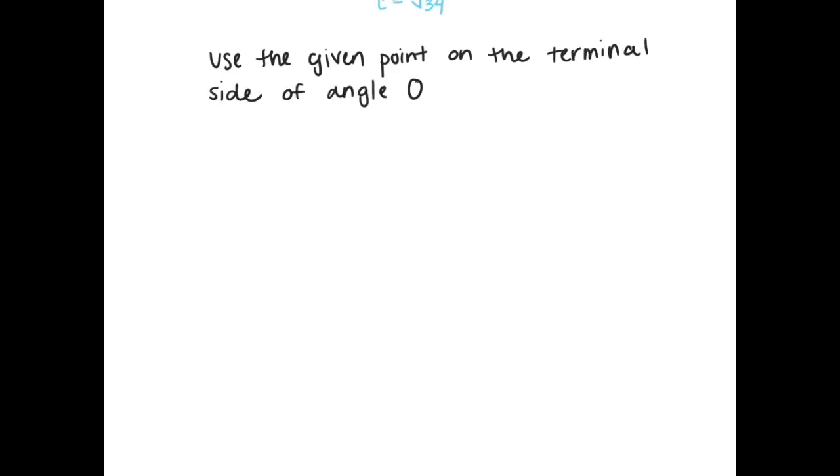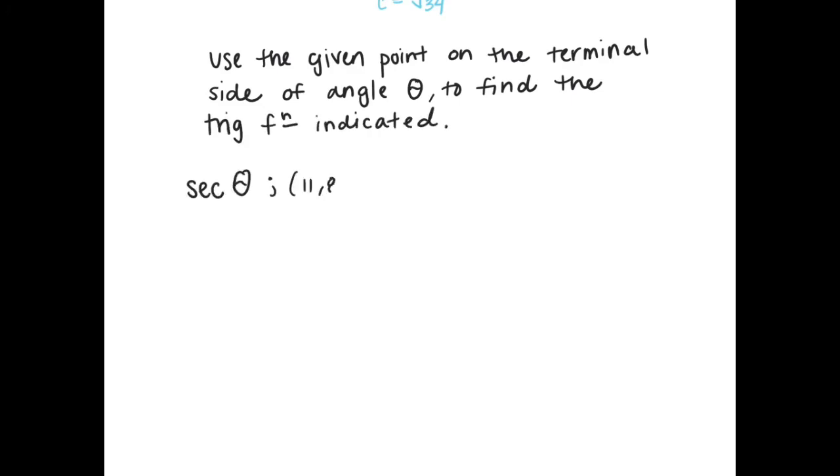Let's try it again, and I'm going to change the problem a little bit, but fundamentally you're going to be doing the same thing. So what I want you to do is use a given point on the terminal side of an angle to find the value of the trig function indicated. So instead of finding all 6, this time I only want you to find 1. Always start off with drawing a picture. Secant is hypotenuse over adjacent.